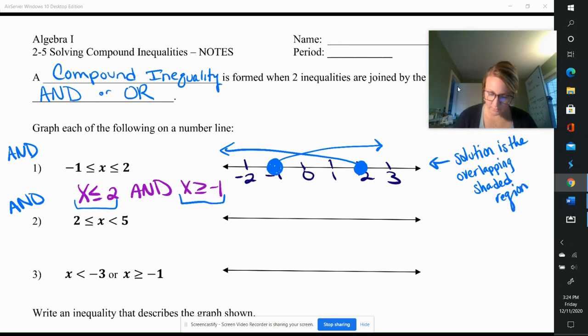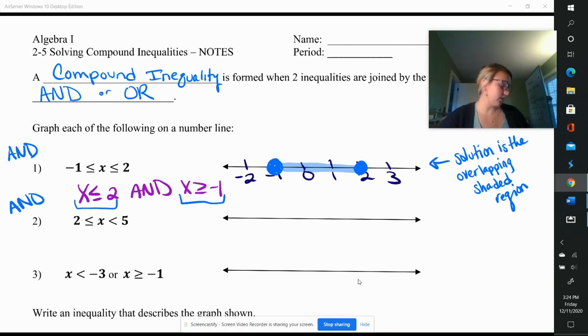So where they overlap is the values between. So we don't need these lines here, but they just help us kind of get started and help us see that the two shadings overlap between those two endpoints.